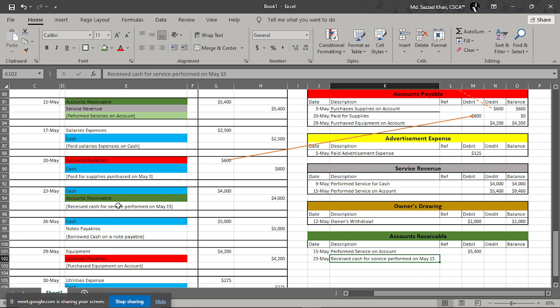How much? How did it affect the account? 4,000. 4,500. No. I think there has been a mistake in here. I guess it should be the 4,000, right? Yeah. Yes. Okay.